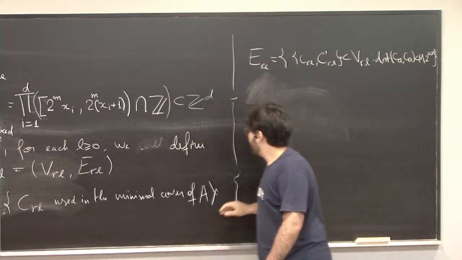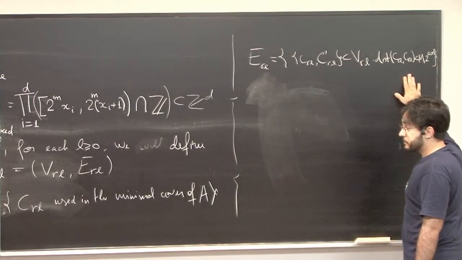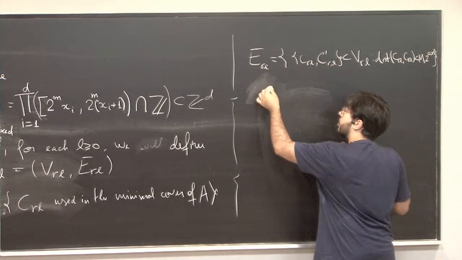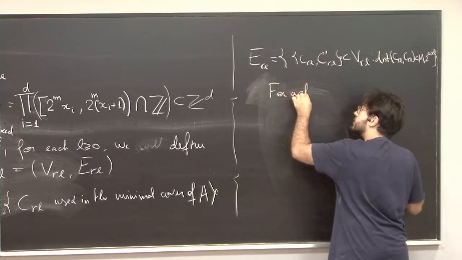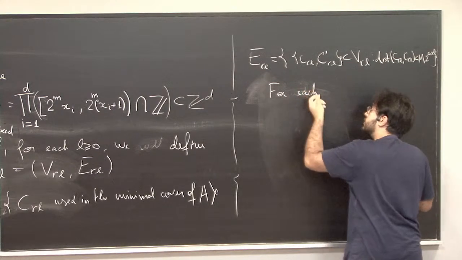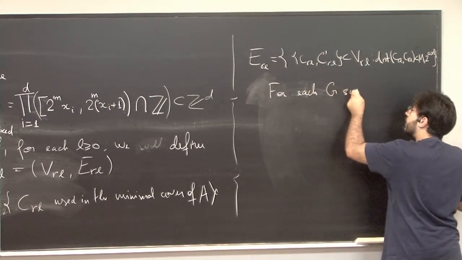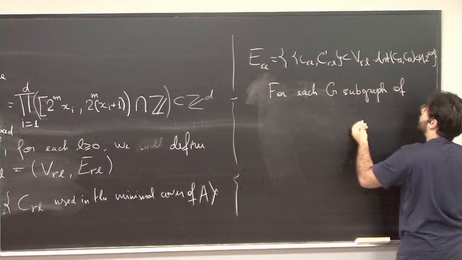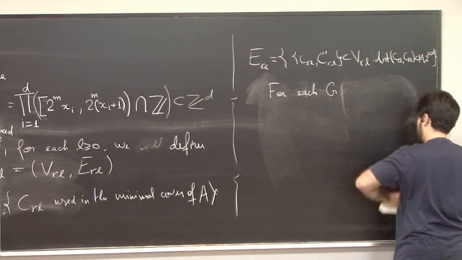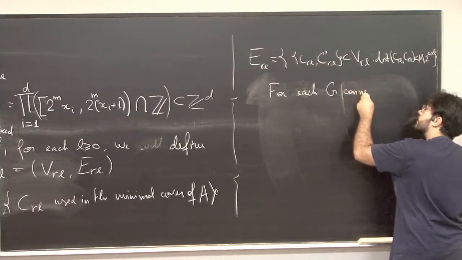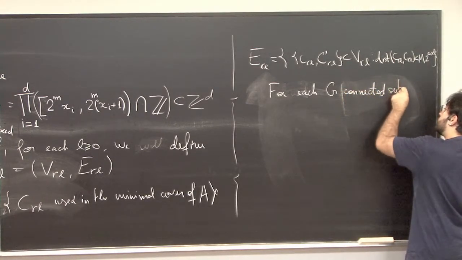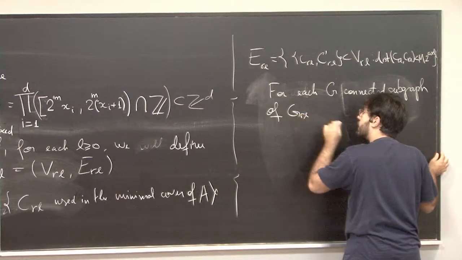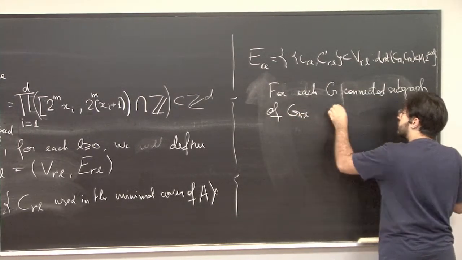Since for each one of these graphs I have cubes, I can define another auxiliary set, for each connected subgraph G of G_{R,L}.